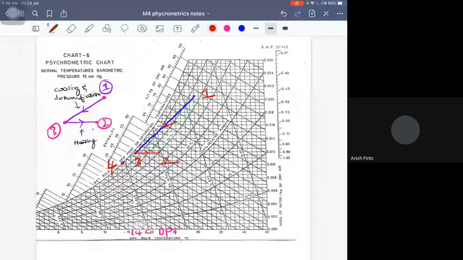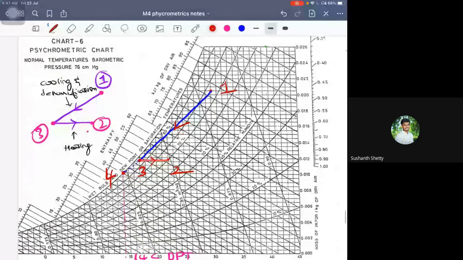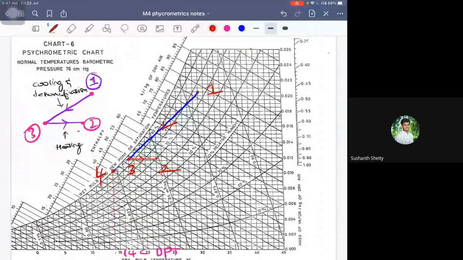Have you plotted all the 4 points with 2 processes on the chart? Yes or no? Yes, sir. So your job is done. Now the only thing is to extract the values from here, write down the values, and solve the problem. Only this much you have to do from the psychrometric chart. Is it clear?